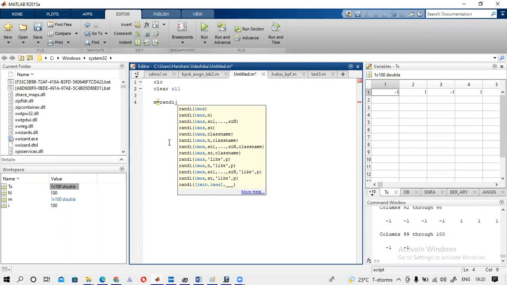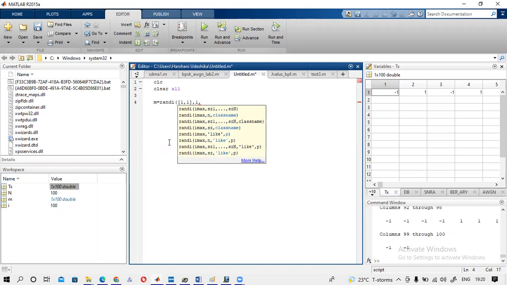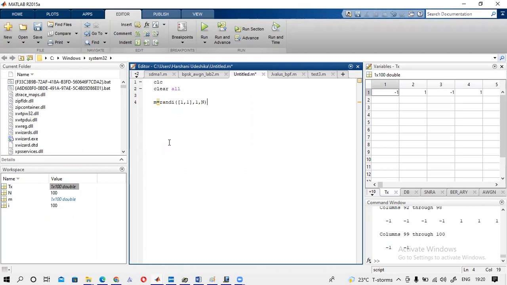And the value should be 0 to 1, and the size will be 1 row and several bits. So I put capital N here, which is the number of bits.